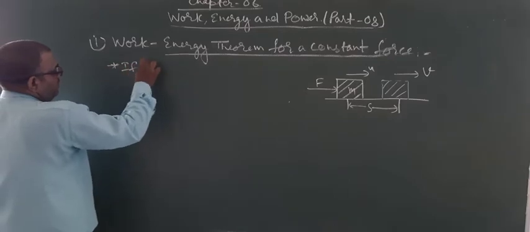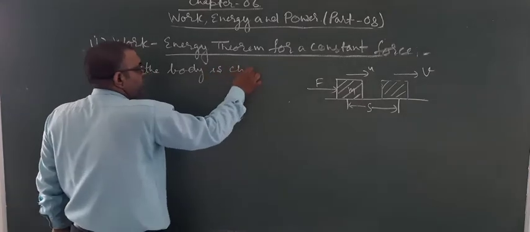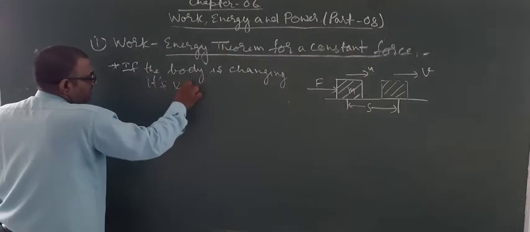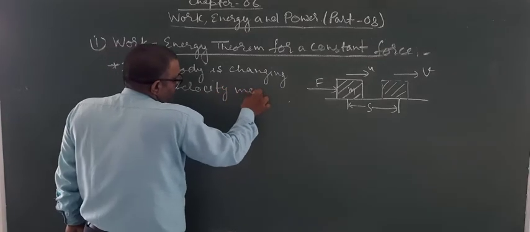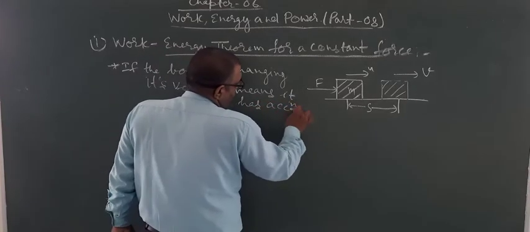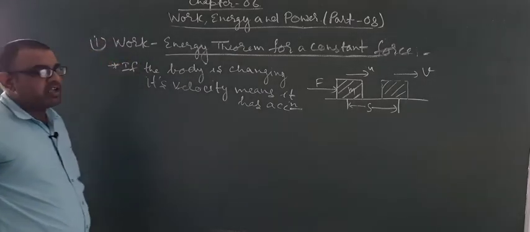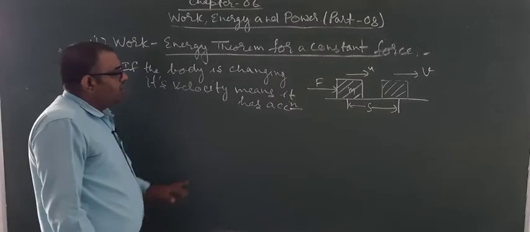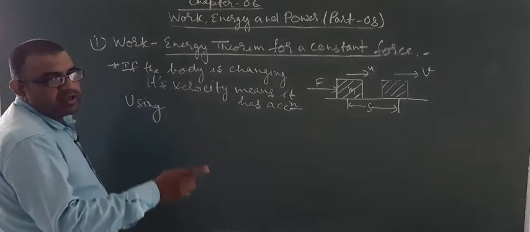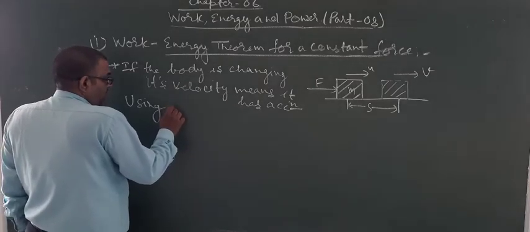If the body is changing its velocity, means it has acceleration, the body is accelerating under the effect of force F. So using equation of motion, final velocity is known, initial velocity is known, acceleration is known, distance is known.